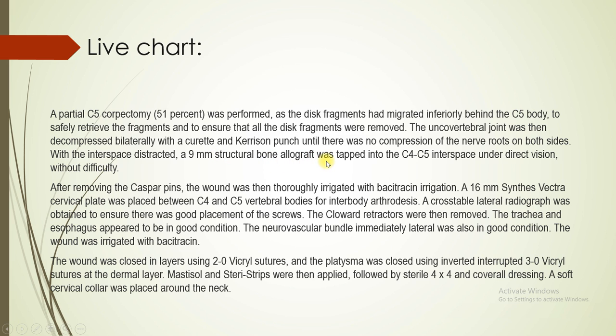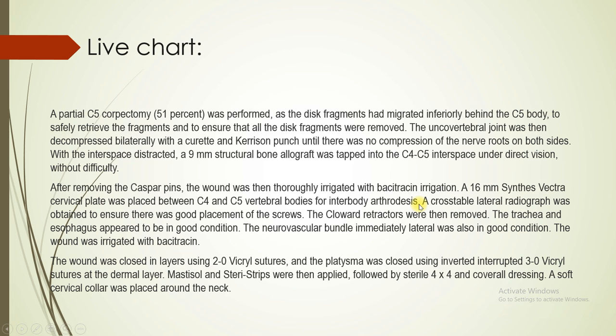Structural bone allograft was tapped into the C4 to C5 space where the physician has performed the discectomy. In order to compensate for the discectomy, the physician has used the allograft. Okay. So after removing the Caspar pins, the wound was then thoroughly irrigated with bacitracin irrigation. Okay. So a 16 mm Synthes Vectra cervical plate was placed between the C4 and C5 vertebral bodies for interbody arthrodesis.